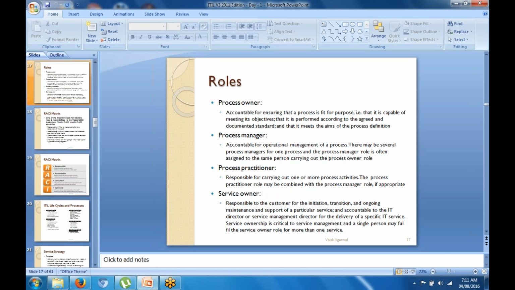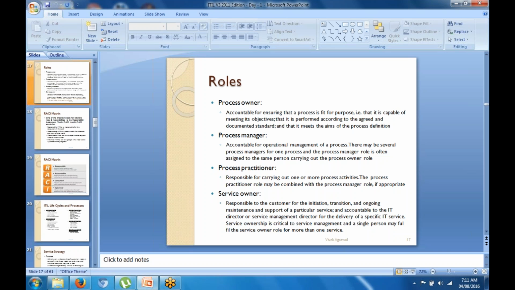Down the line, say within 2 weeks, whatever data center support and production support activities our DBAs, system admins, storage admins and network admins are doing from on-site, within 2 weeks they will be moved offshore, and that is the responsibility of the process owner who will give support from offshore now. So this is the agreed and documented standard, and it meets the aim of the process definition.